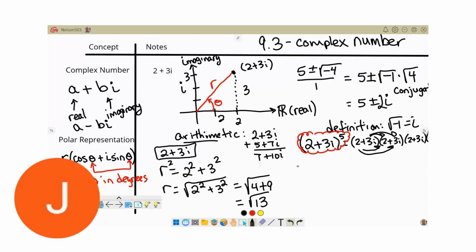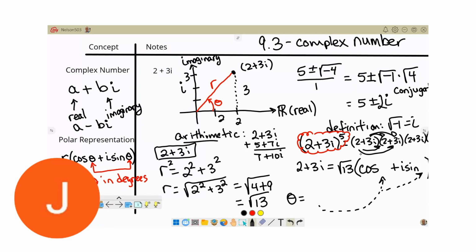So let's put over here, 2 plus 3i is equal to the square root of 13 times cosine, and we're going to find out what theta is in just a second, plus i sine. The theta that we find is going to go right here and right over here. Why does that make sense? If you take the cosine of the angle, that's what the x component would be in the unit circle.